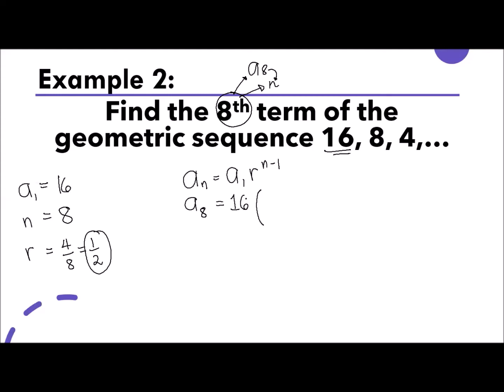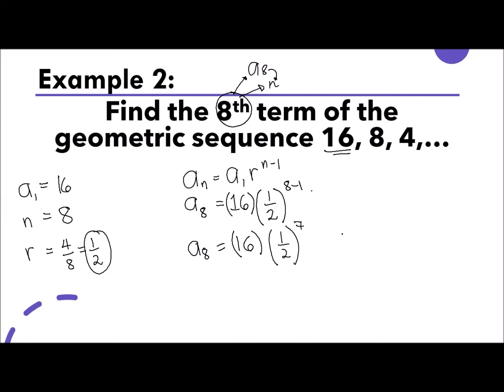And our common ratio is 1/2. Okay? And then the value of n as well is 8 minus 1. Okay? So like what we did a while ago, bring down this one, and 16. Then let's have 1/2. Then 8 minus 1. So that is 7.